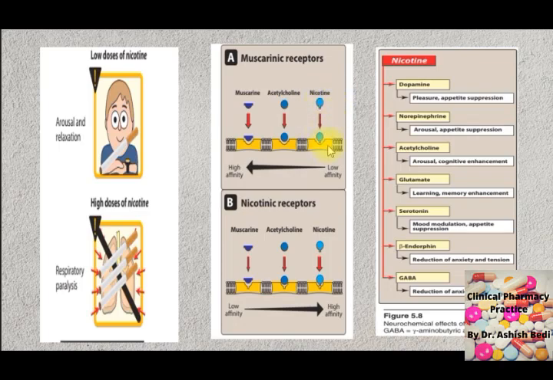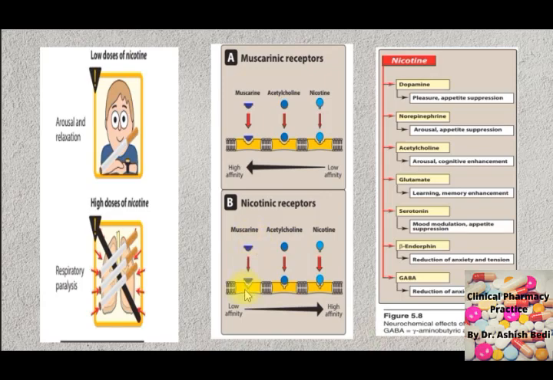It's not a hard and fast rule that nicotine will not bind to the muscarinic receptor. It binds, but the affinity is very low compared to acetylcholine. For nicotinic receptors, the highest affinity is for nicotine, medium affinity for acetylcholine, and the lowest for muscarine.